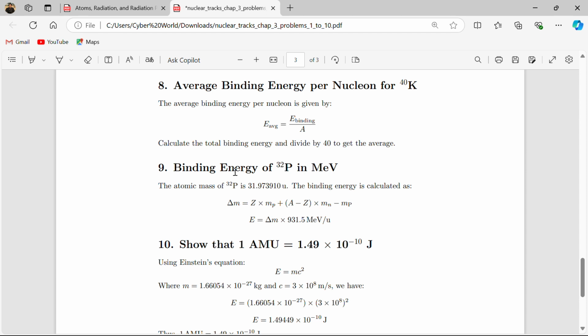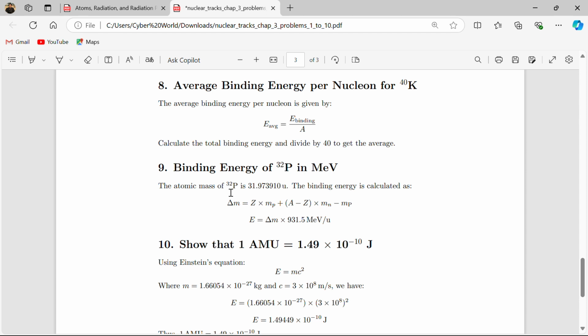Basically, you know that energy means you have to find the binding energy of phosphorus in mega electron volts. For phosphorus, you can see the mass number is 32, but it has 15 protons. So mass number minus number of protons, 32 minus 15, you will get 17.